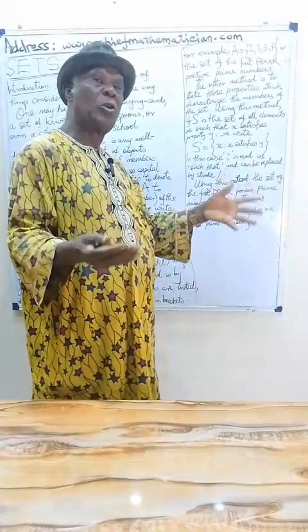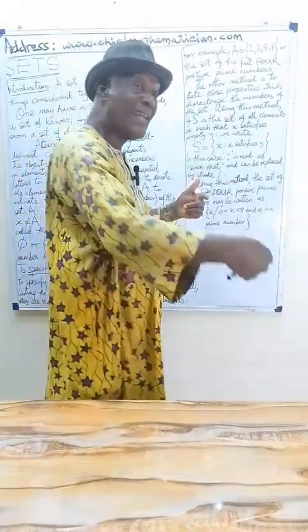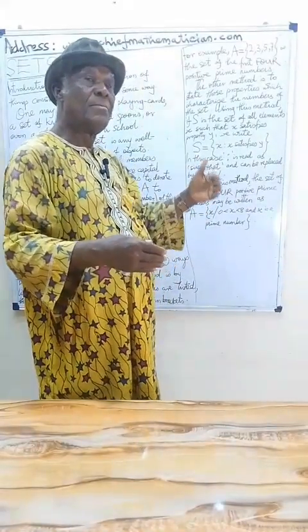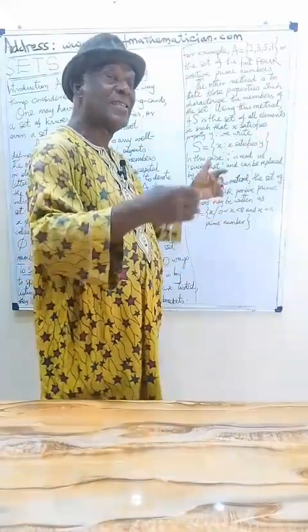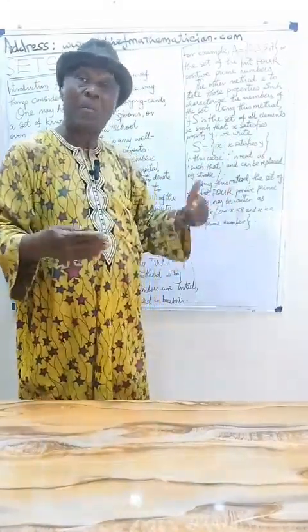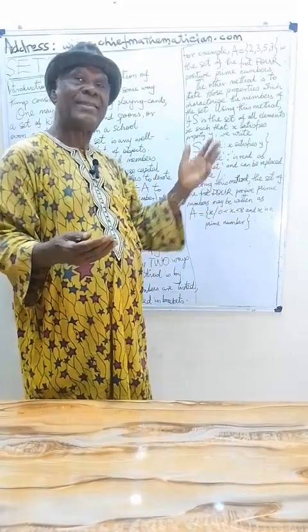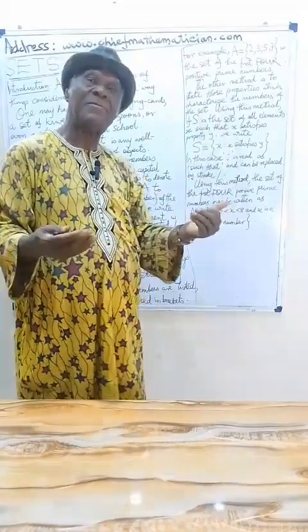If X assumes a number greater than 0 but less than 8, then you can see that X can take the values of 1, 2, 3, 4, 5, 6, 7. But we are looking for prime numbers. So you can only write 2, 3, 5, and 7.